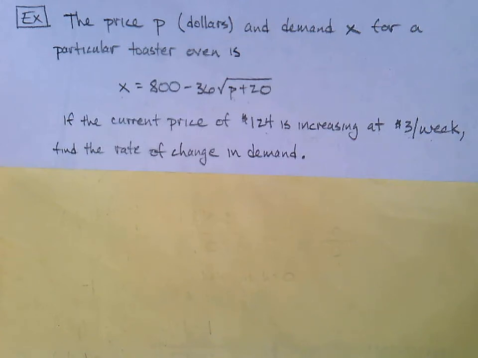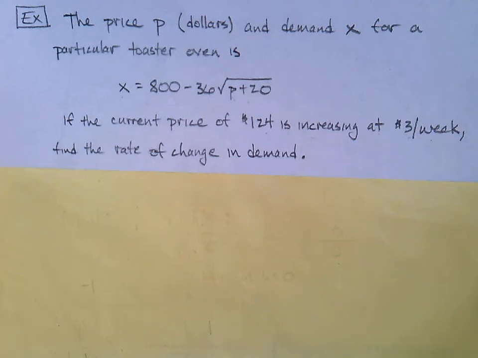Okay, so the question is, if the current price of $124 is increasing at $3 per week, find the rate of change in demand. Imagine that they set this toaster oven at $124. That seems kind of extravagant, but okay, just go with it.